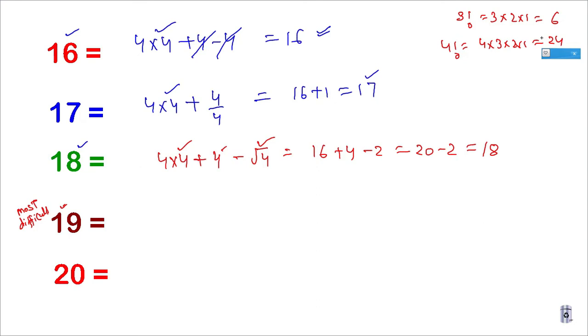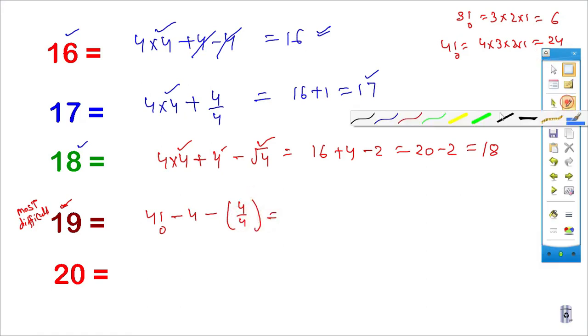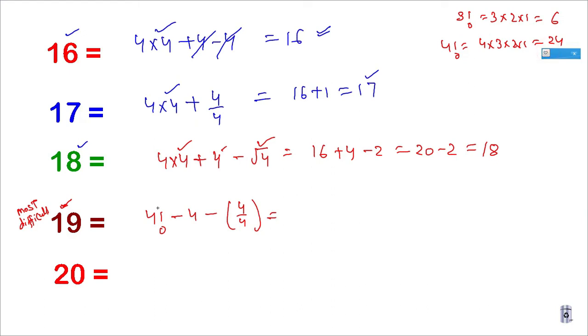So this 19 is possible only, maybe some other way is also possible, but I found only one way, that is the factorial form. So what I will write here: 4 factorial minus 4, and then plus 4 by 4. Sir, how is it possible? Can you explain one more time? Let me explain it. 4 factorial results in 24.